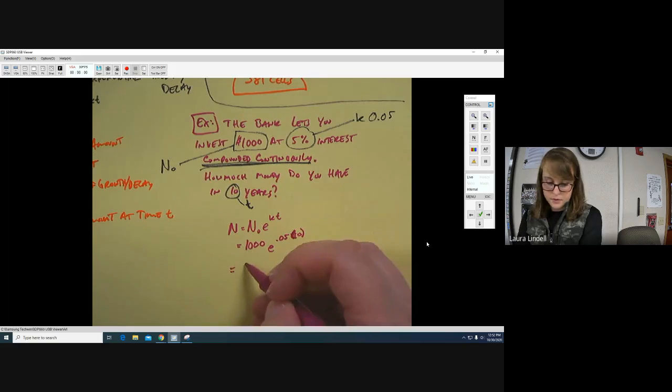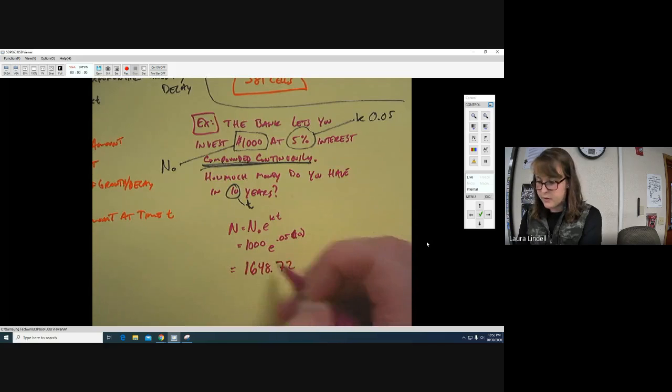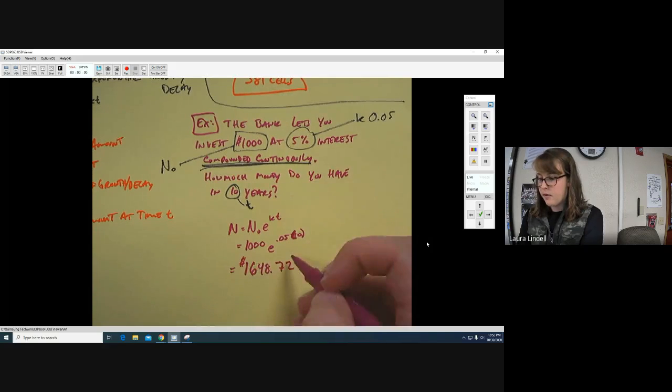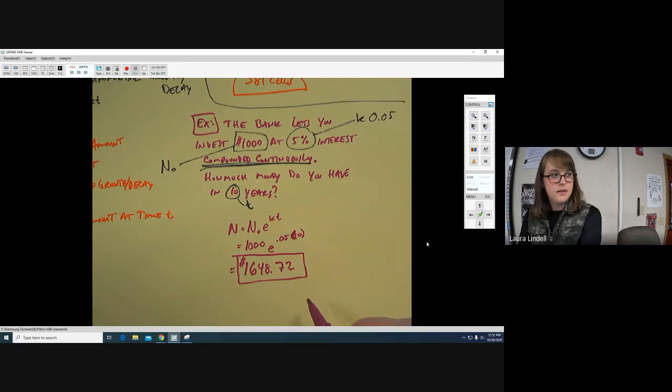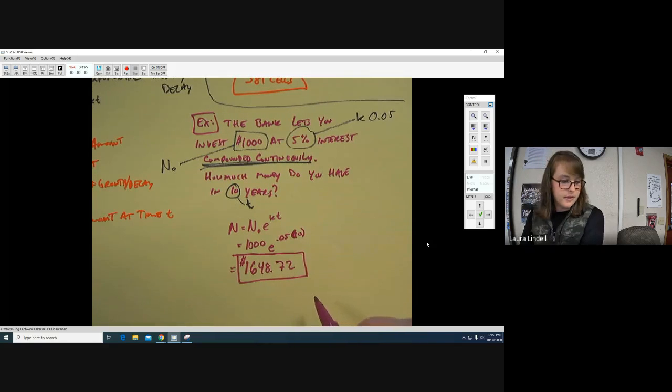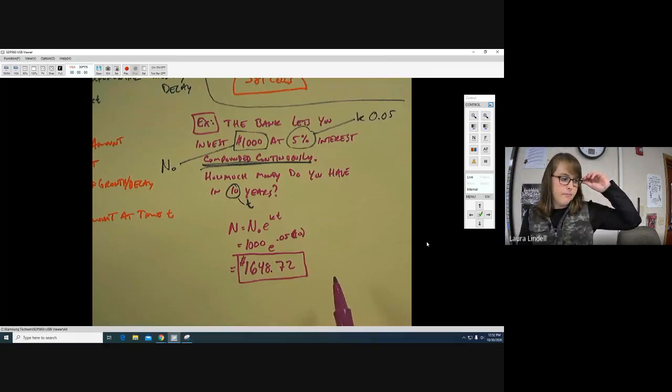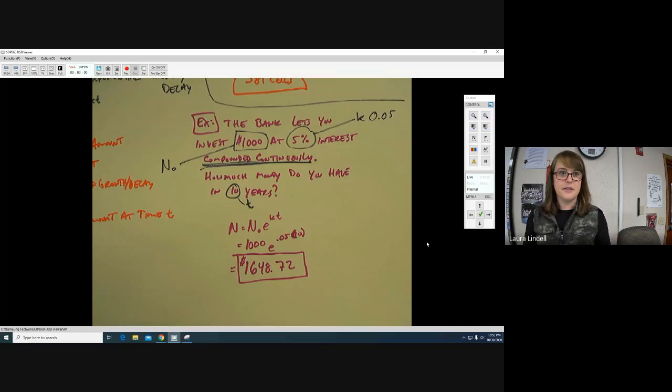So that is equal to $1,648.72. With problems like this, I would round to the nearest cent, since they likely will have a lot more numbers after it. But we don't deal with things in denominations less than a cent. But yeah, so that's how we do those ones.